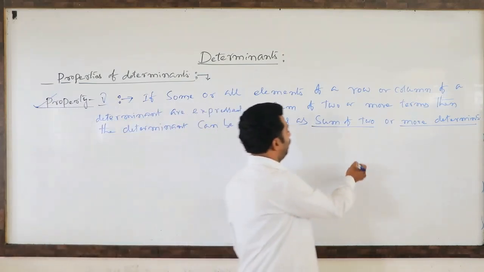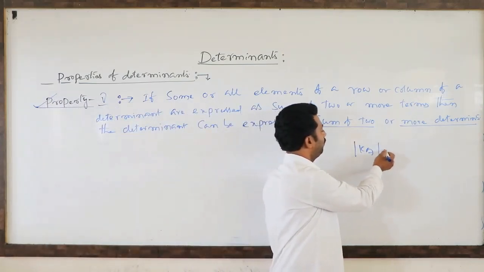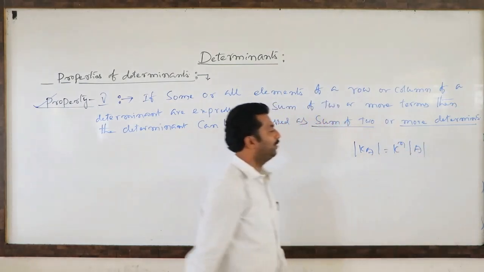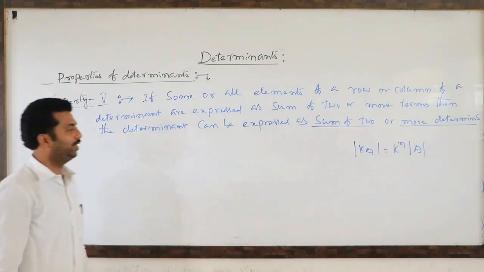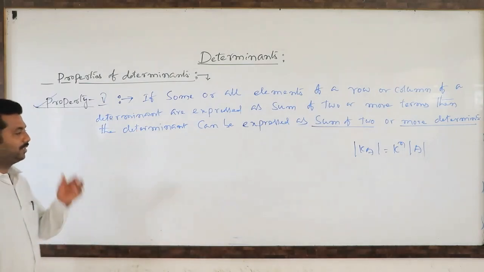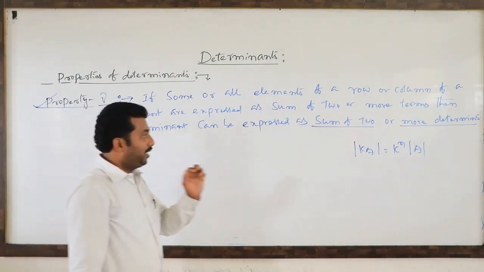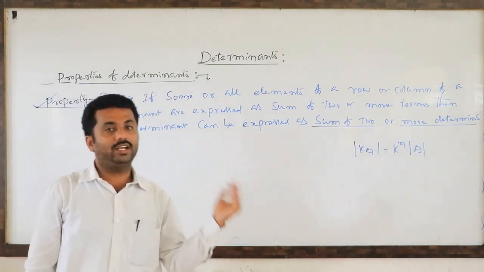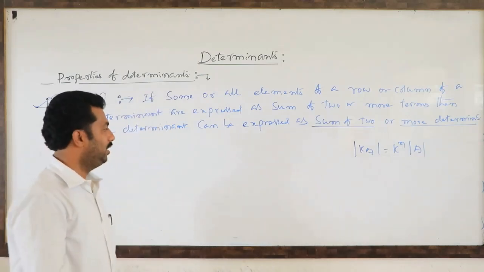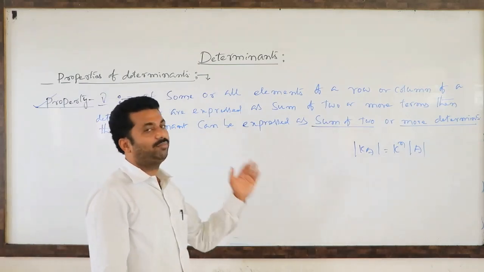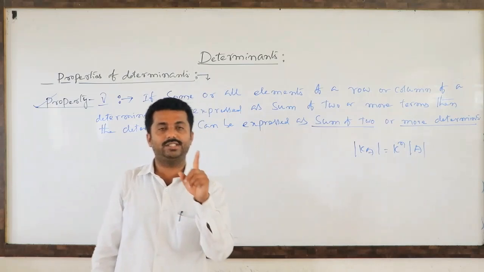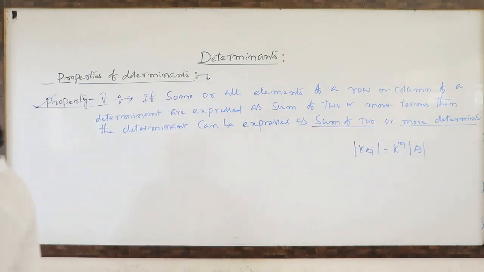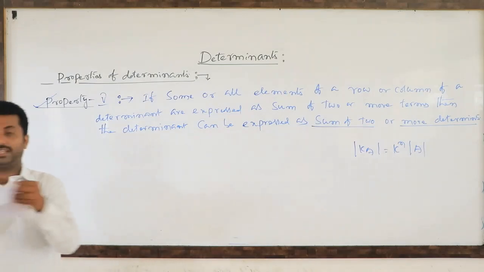Determinant of kA equal to k power n into determinant of A. That means we can take common from any row or any column if the elements are common. If any row or any column is multiplied with a common constant, you can take that constant common. I will give one more example for that.